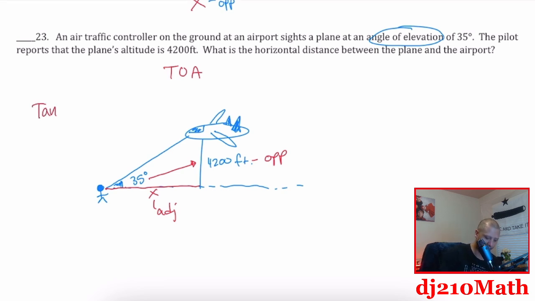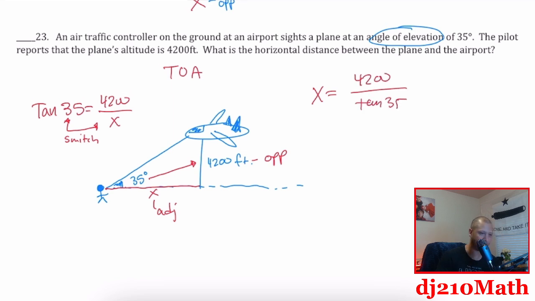Tangent of 35 is equal to the opposite, 4200, over the adjacent, which is x. Now the variable's in the bottom, so we have to switch these two. So x is equal to 4,200 over tangent 35.